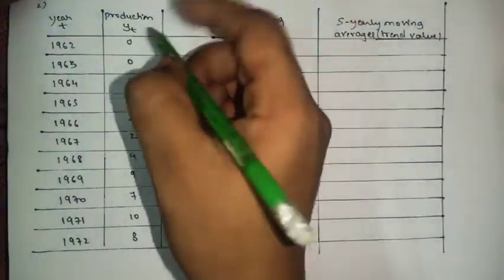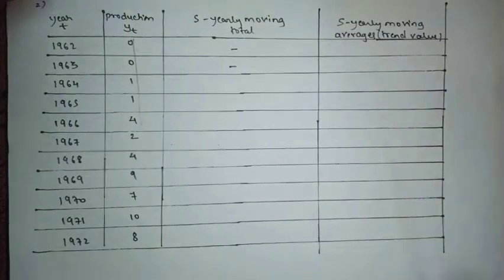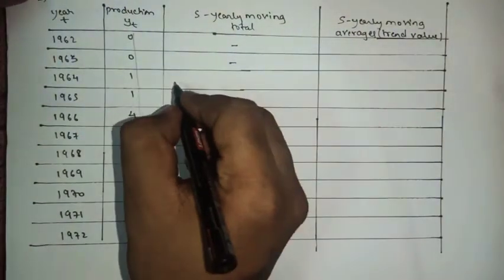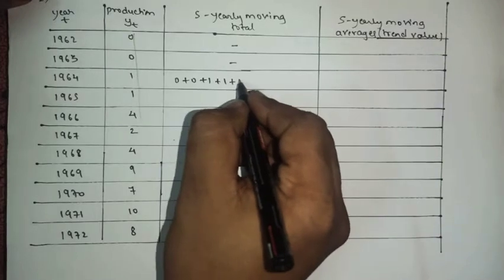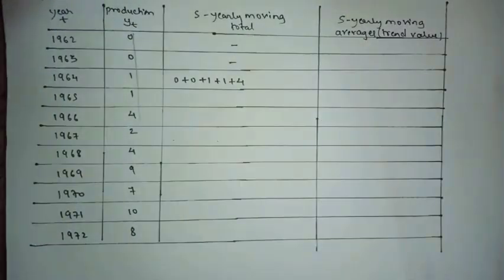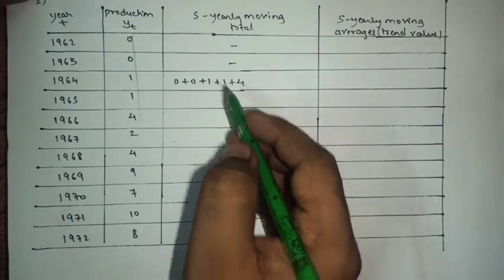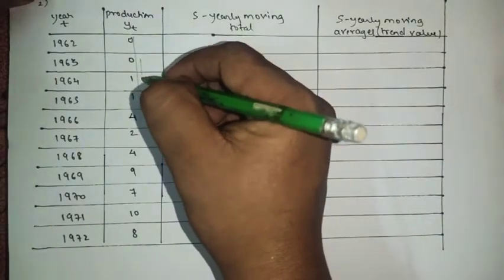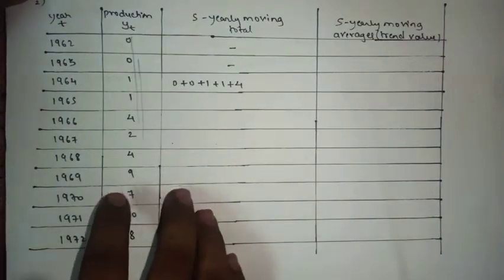So the first one will be what? 0, 0, 1, 1, 4. So we'll add these. Then for the next box you will add from here: 0, 1, 1, 4, 2. Yes or no?